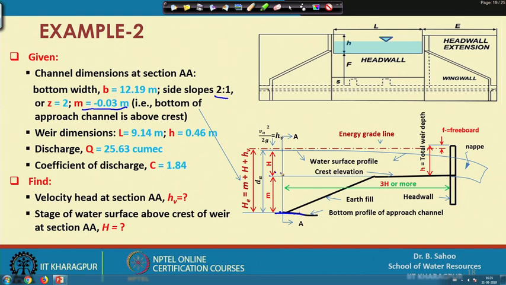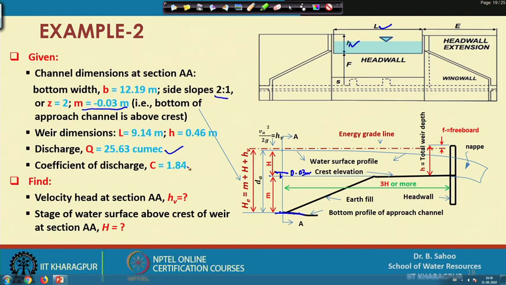So, the difference here is 0.03 meter, and weir dimensions are like L, the length of the weir, equal to 9.14 meter, small h equal to 0.46 meter, and the design discharge is given as 25.63 cubic, and you know that for a rectangular weir C equal to 1.84.